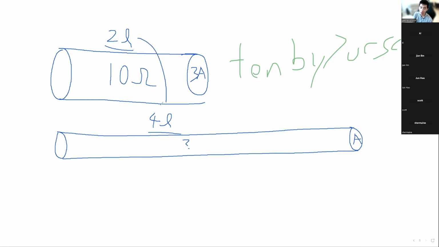Means to say the length is multiplied by how much? It's times 2, right? After, you just need to compare this, right? So, how much? See, Scott, how do you get 0.2, bro?